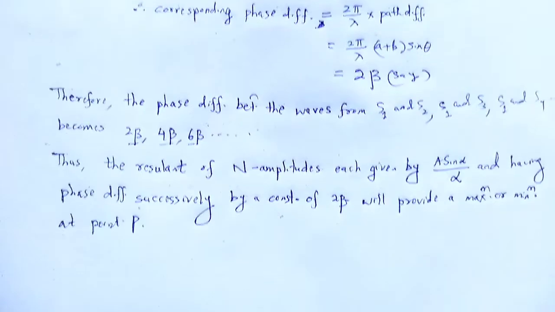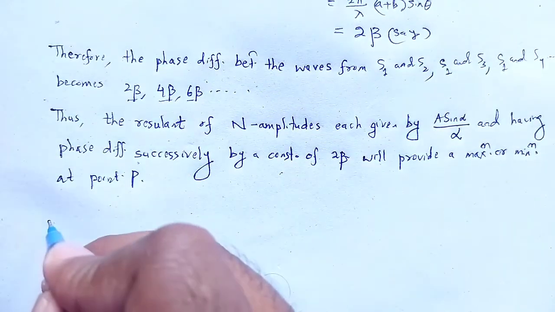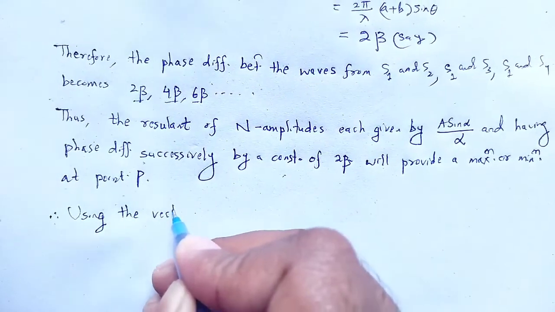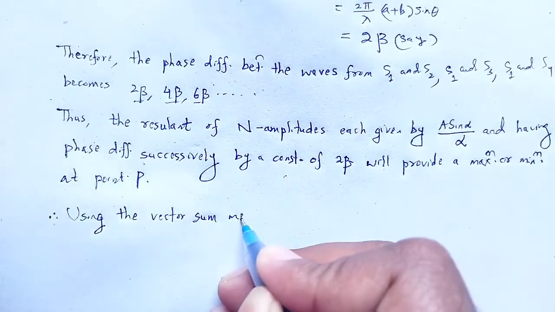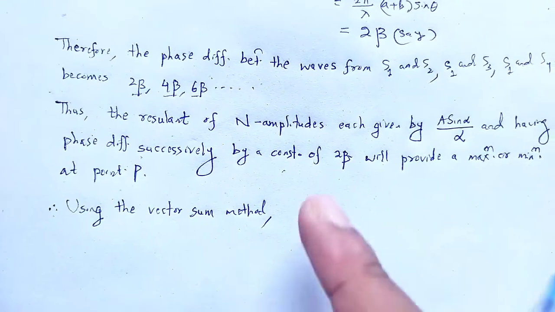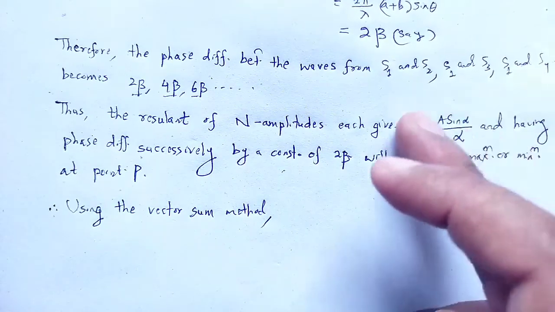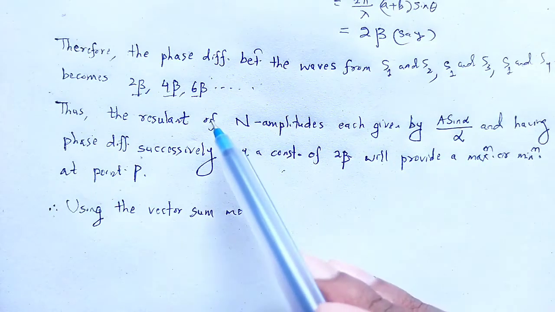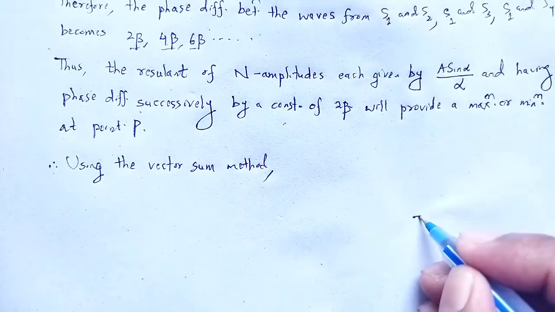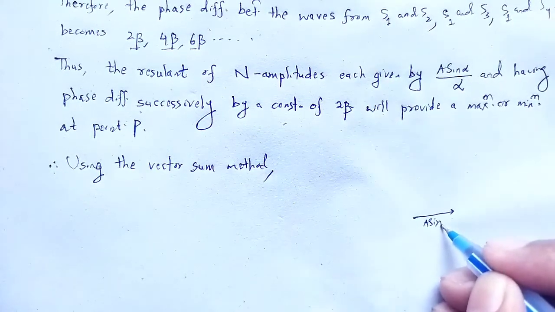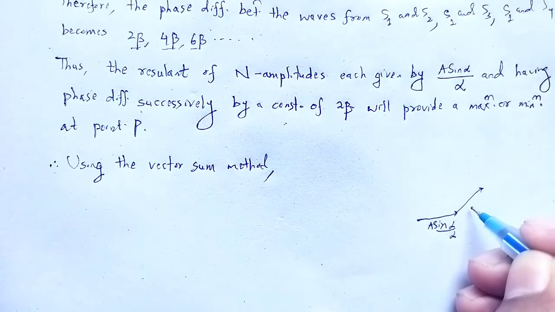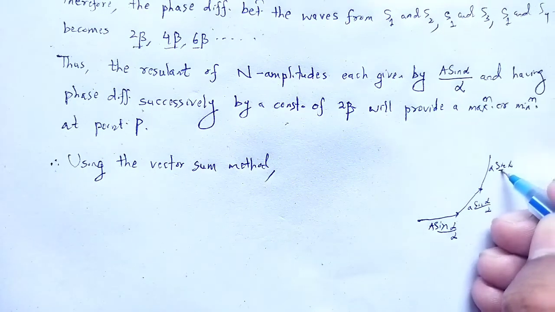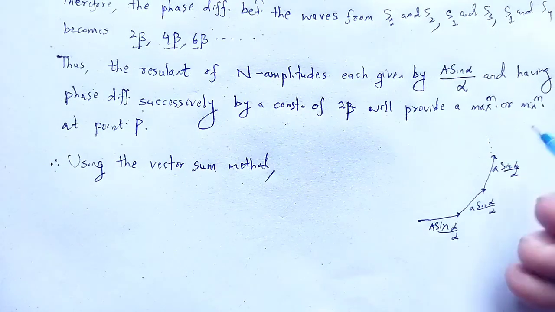So, using the vector sum method, there are n number of vectors having amplitude a sin alpha by alpha, each of phase difference 2 beta, 4 beta, and 6 beta. So, the vectors: a sin alpha by alpha, again a vector a sin alpha by alpha, again a vector a sin alpha by alpha, up to so on n number of vectors.